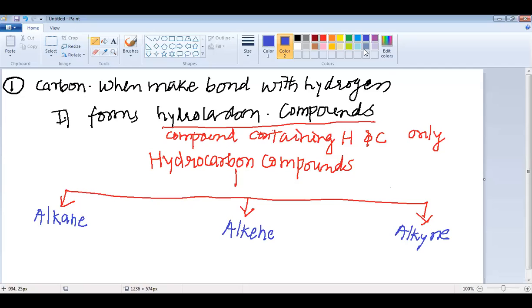Now what is the speciality of these that we should study now? Alkanes have all single bonds. Please remember that alkanes have all single bonds.